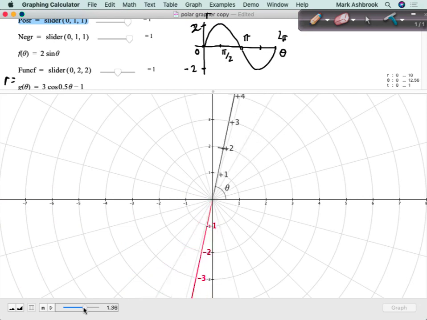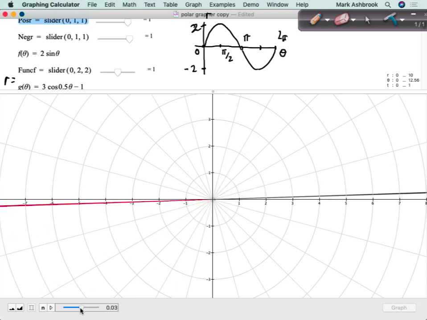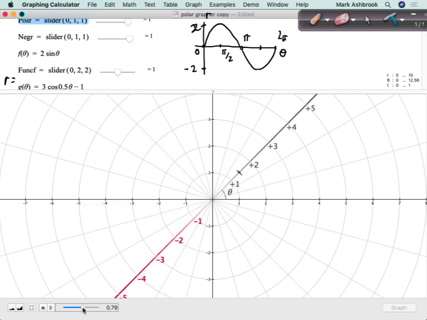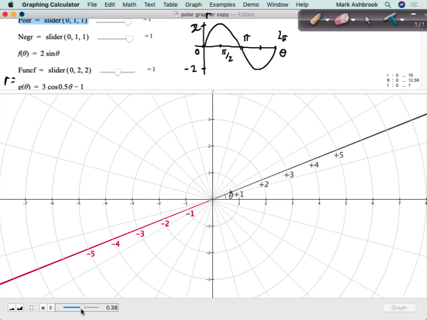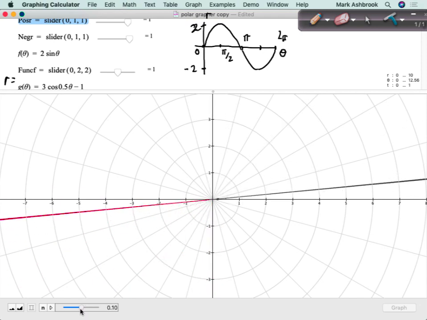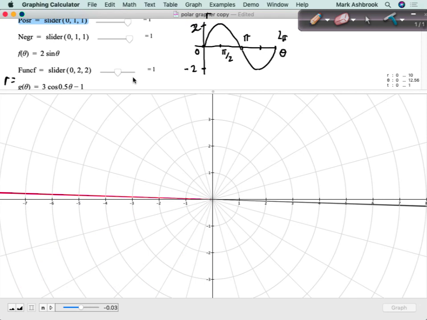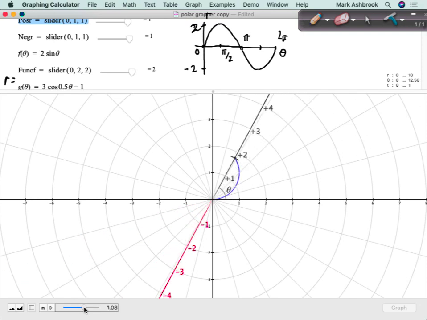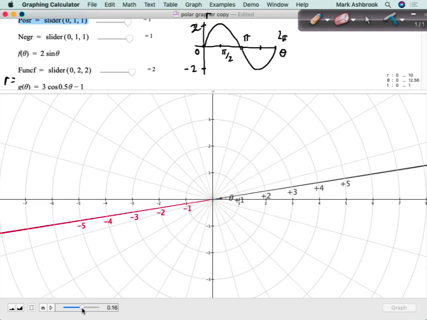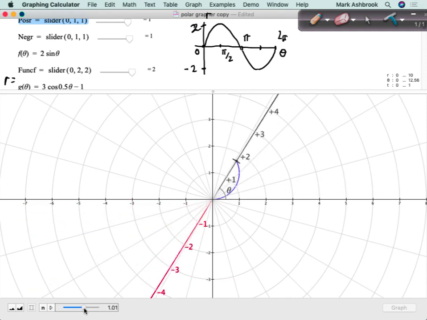Can you see that black point tick mark on the r axis? So what does that look like as it draws it out? Here it comes. Watch. Now it's generating the points. Again, as theta goes from 0 to pi over 2, r goes from 0 to 2.